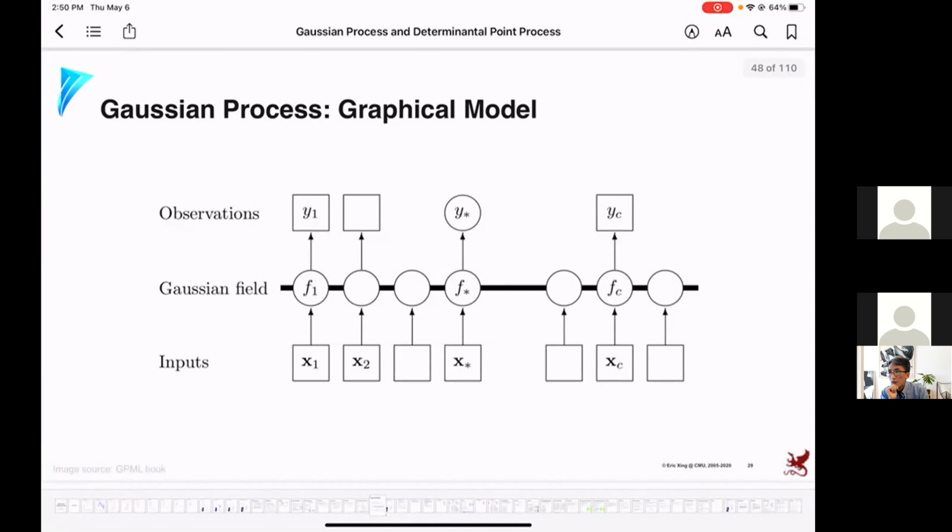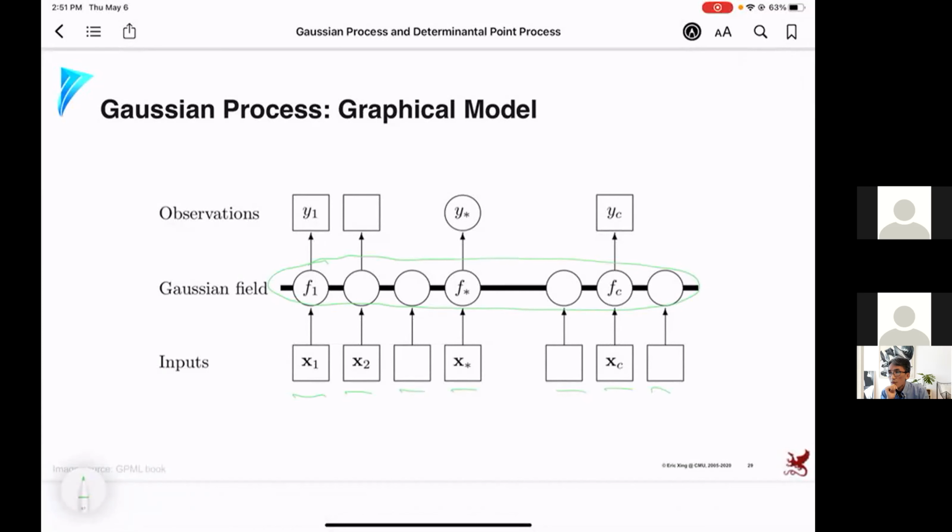So do you think this graphical model helps? If we only look at x, they are just the inputs. But once we plug them into the Gaussian process, this bar here is a fully connected structure between the different f's. Then the dependency comes from there.